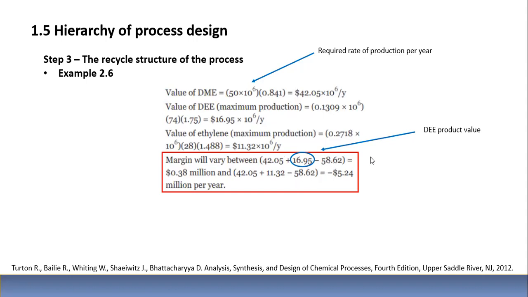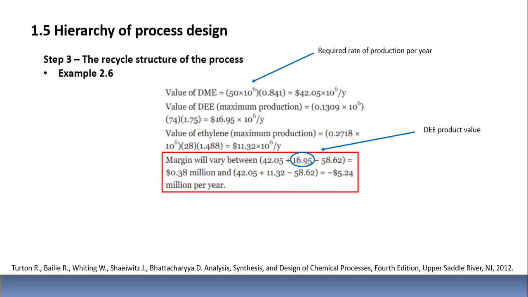See, the reactants are 58.62 times 10 to the 6 dollars per year. So they're very, very expensive. So doing this analysis, the first option, producing dimethyl ether and diethyl ether, and subtracting the reactants, methanol, ethanol, and water, this comes up to be $0.38 million.